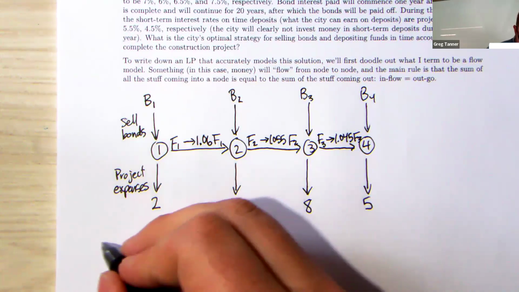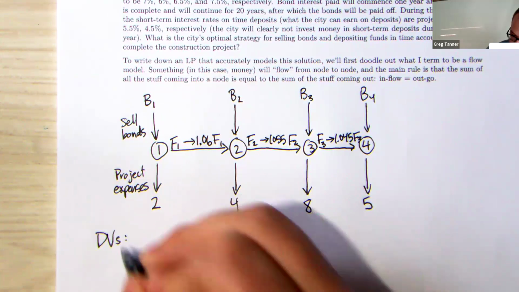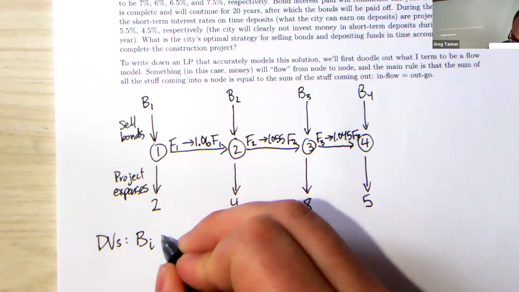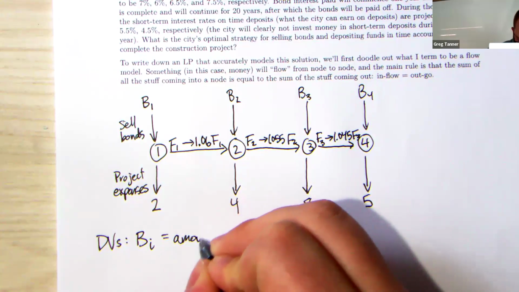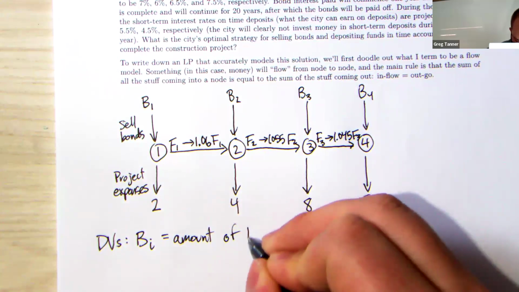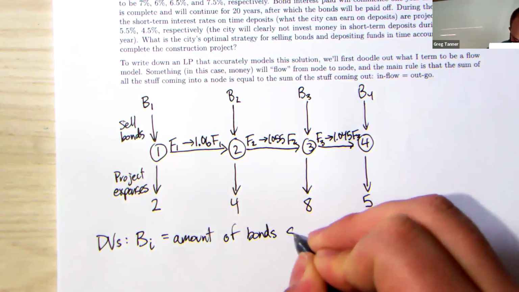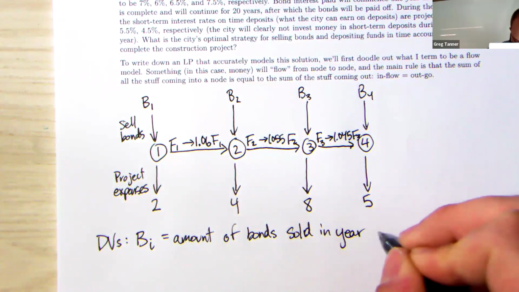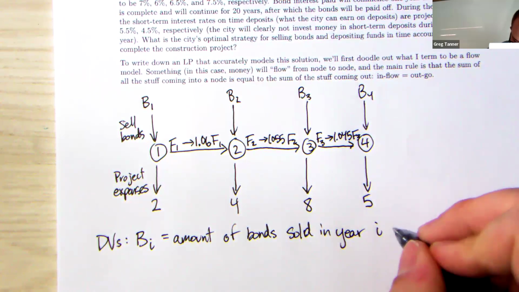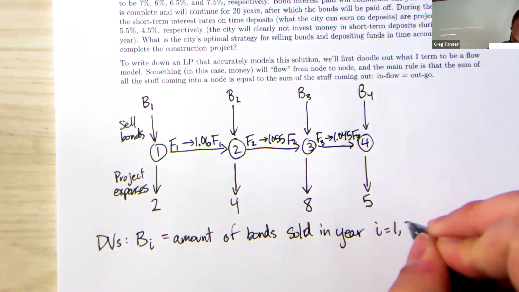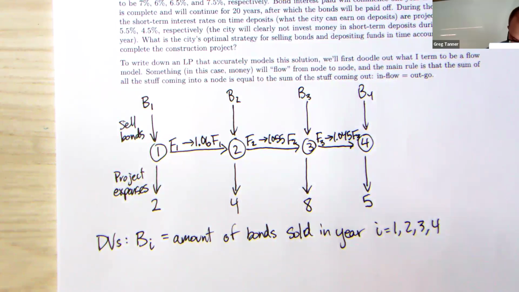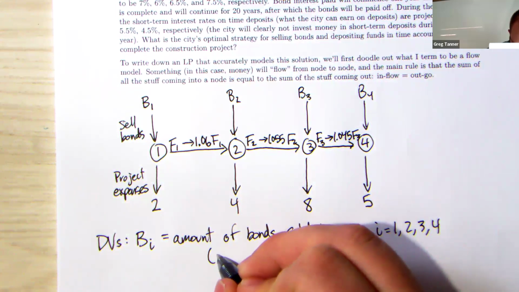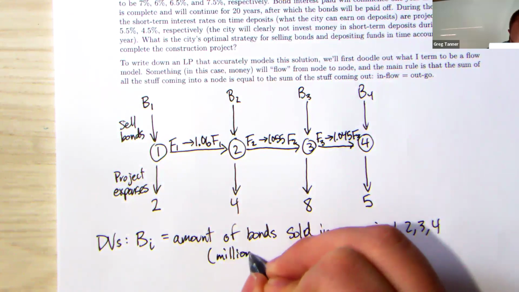So let's denote now our decision variables. Bi is the amount of bonds sold in year i, for i equals 1, 2, 3, or 4. Okay, and amount of bonds in millions of dollars.